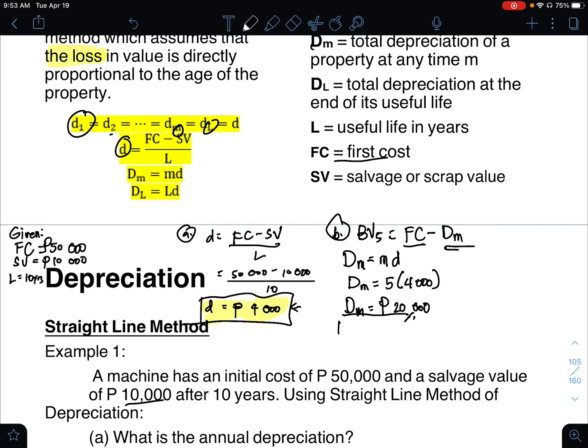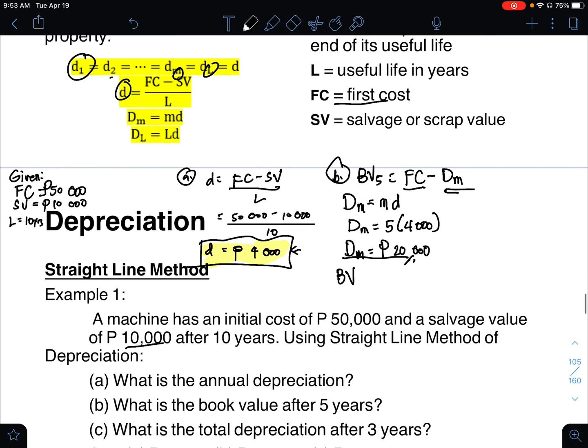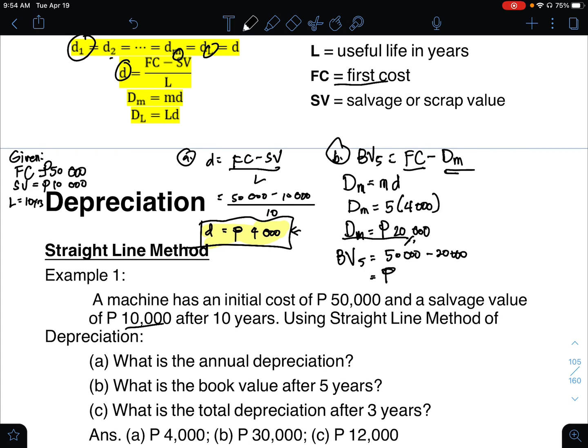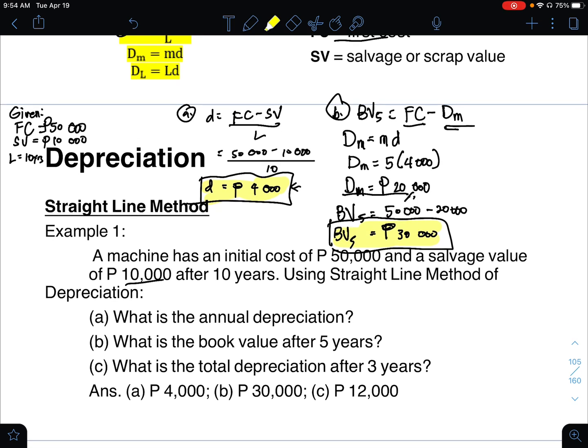So therefore, we can already find the book value after 5 years, no? So the book value after 5 years is equal to 50,000 atong first cost minus 20,000, which is ang atong DM. Therefore, ang atong BV at 5, or the book value at 5 years, is equivalent to 30,000 pesos. And that is your final answer. Alright? So that's the book value at 5 years.